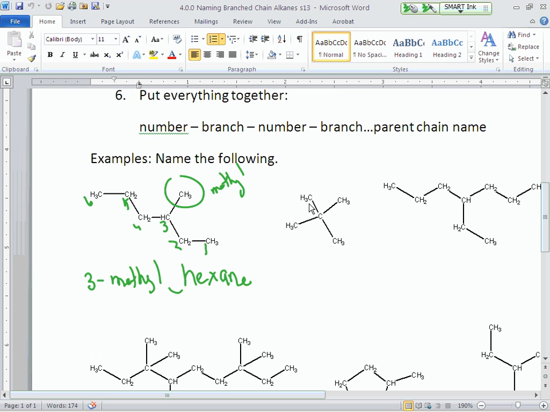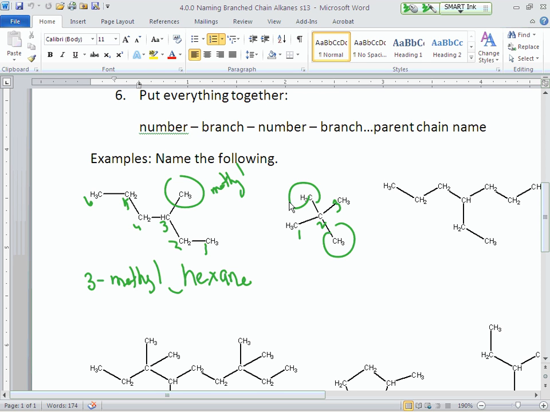We encountered this one already, and I'm going to go quickly. I think we've got the answer to these, so I'm just going to go quickly through it. So we've got 1, 2, 3. It doesn't matter which way we make the chain. It is identical. I have 2 methyl groups, and you might think that I should put a number 2 to describe the position. But if this methyl group was on this end carbon, it would turn my propane into a butane.